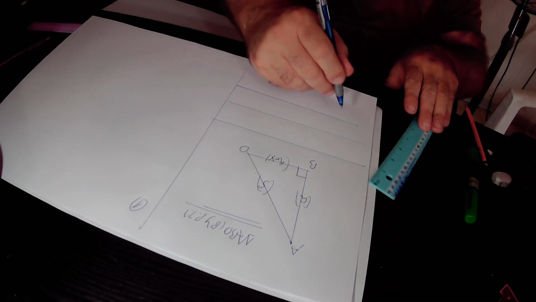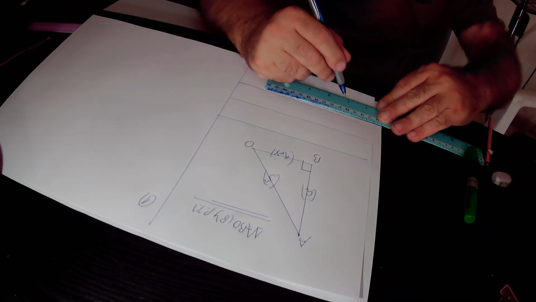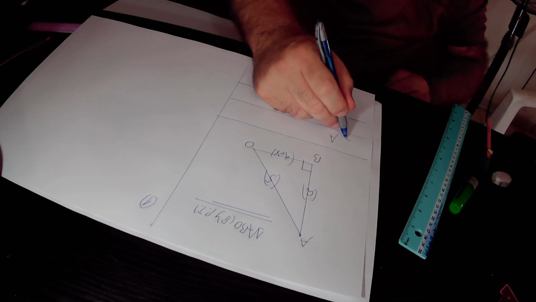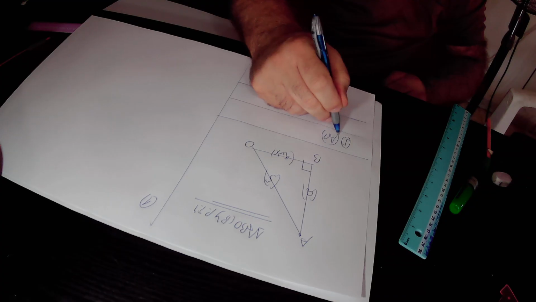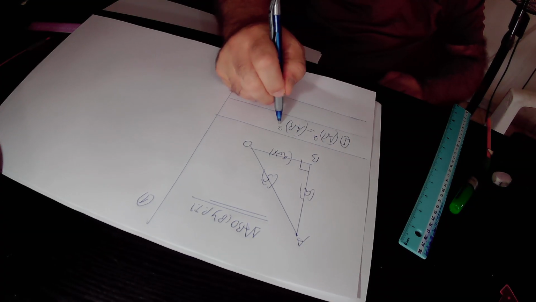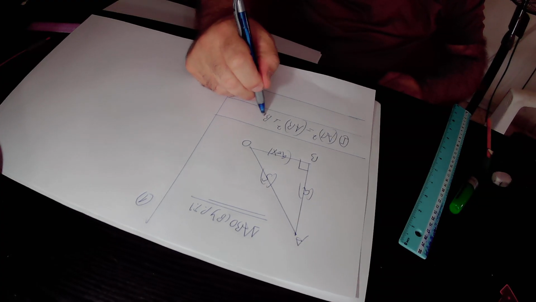AO squared, that is the square of the hypotenuse, is equal to AB squared plus BO squared.